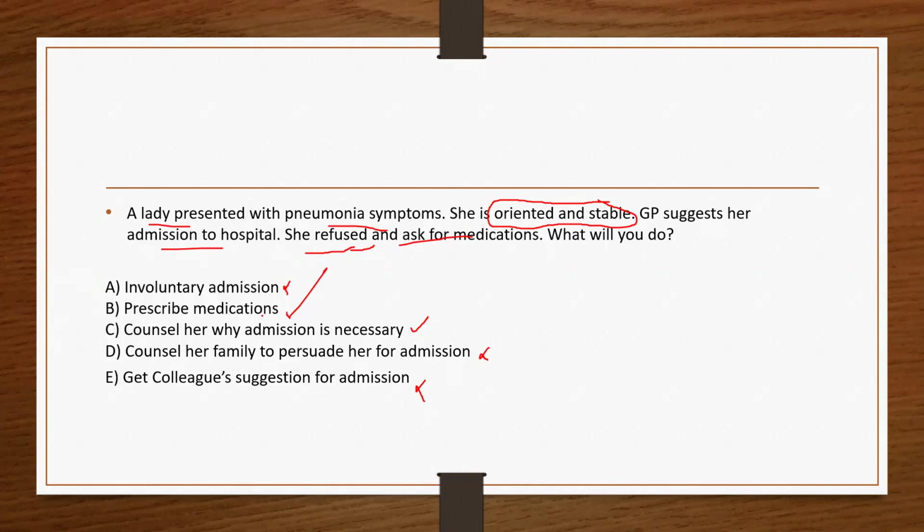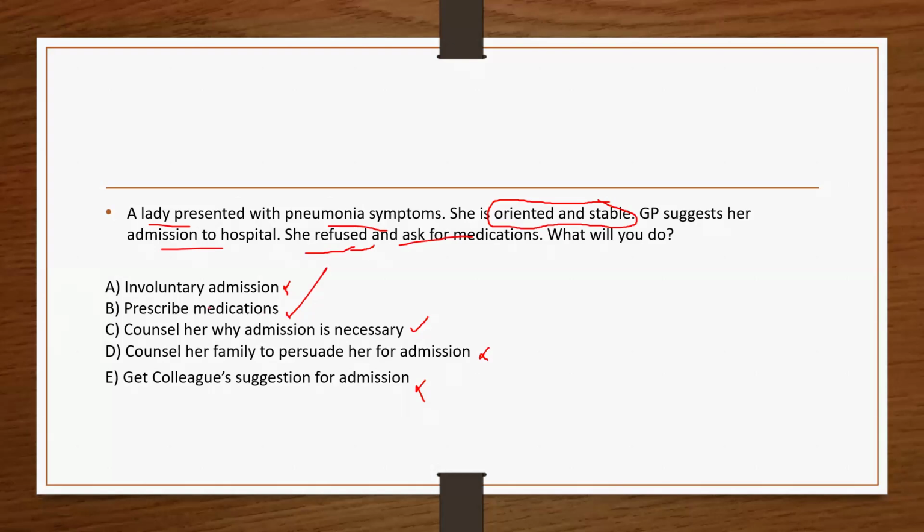So it's your duty to educate her and to counsel her. Sometimes she might not have been counseled enough, so it's your duty to tell her all the important information. And even after that, if she refuses, you are not going to force her, you are going to allow her to go according to her wish.